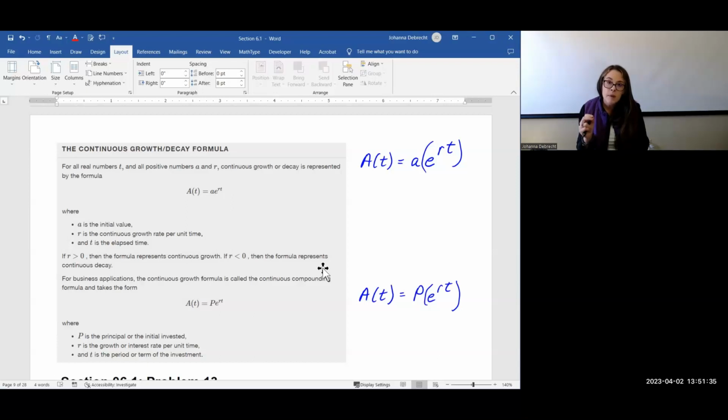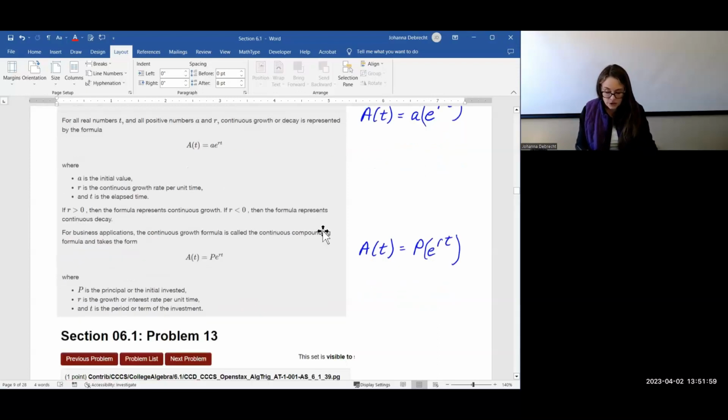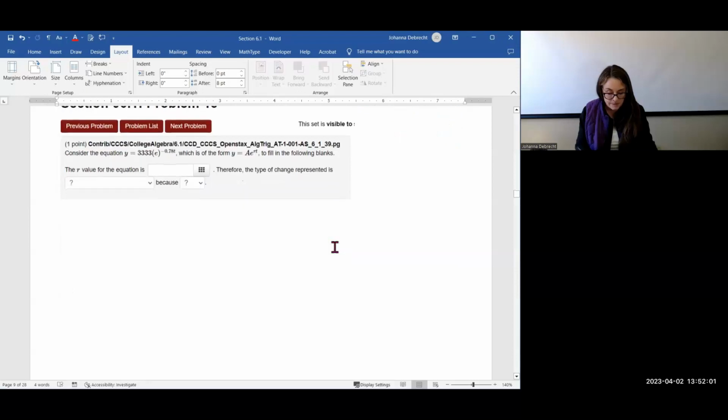If r is positive, then it's growing. If r is negative, then it's actually decreasing, so it's coming down in value. But the amount is still going to be positive because e is a positive number being raised to some power. The power can be positive, negative, 0, anything, but the base has to be strictly positive and not 1.